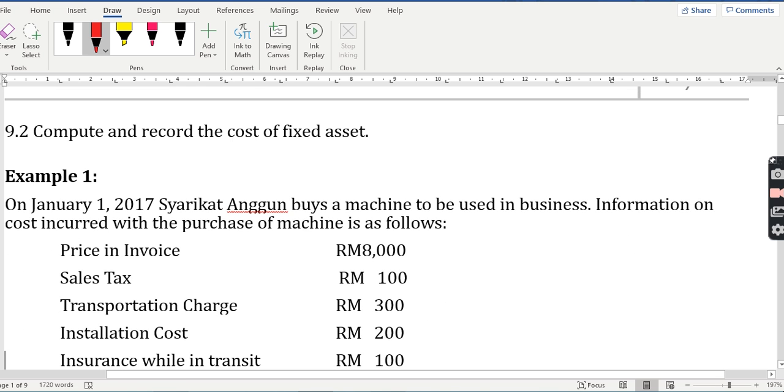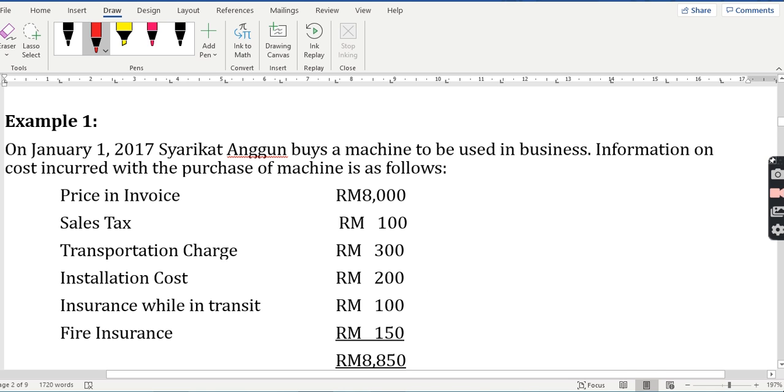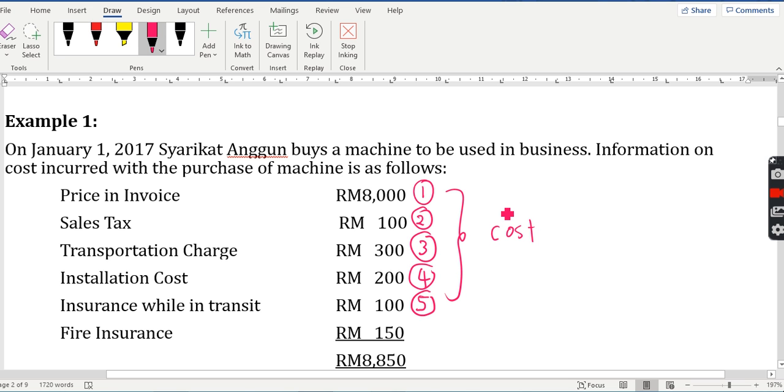As in the example given the other day, the cost of the asset as written in the invoice is actually 8,000. As you can see here, item 1, item 2, item 3, item 4, and item 5 will be included in the cost, because all these items besides the price in the invoice are the costs that we need to bear in order to prepare the asset for its intended use.